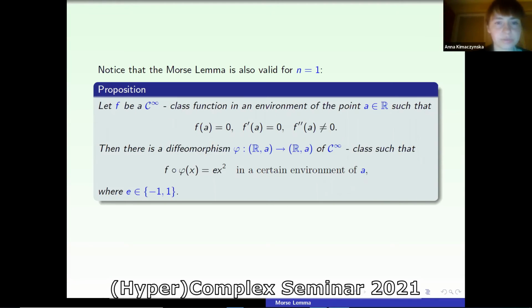Let f be a C infinity class function in an environment of the point A, such that f of A is equal 0, f prime of A is equal 0, and f double prime of A is not equal 0. Then there is a diffeomorphism phi of C infinity class such that f composed with phi of x is equal epsilon x squared in a certain environment of A, where epsilon is plus or minus 1.